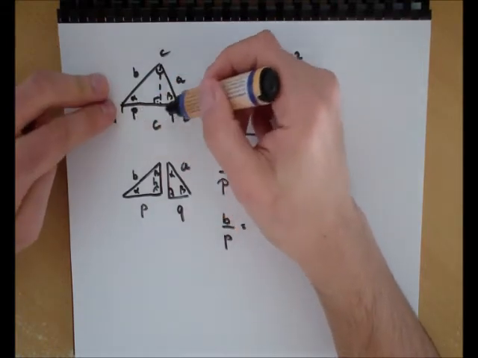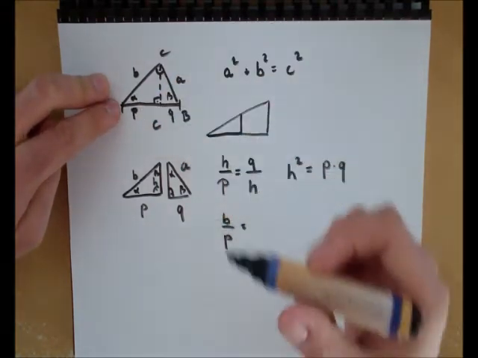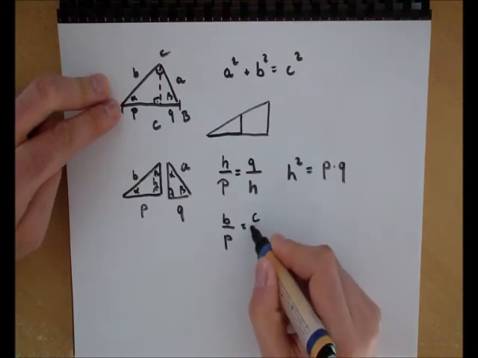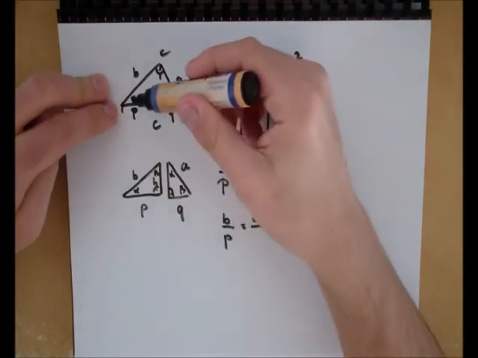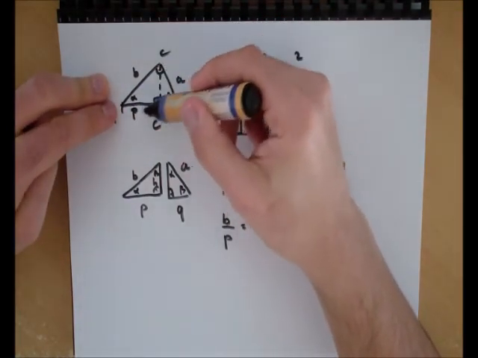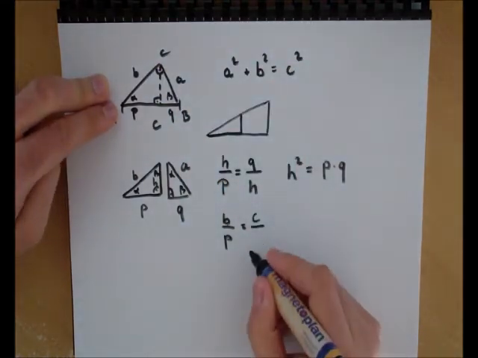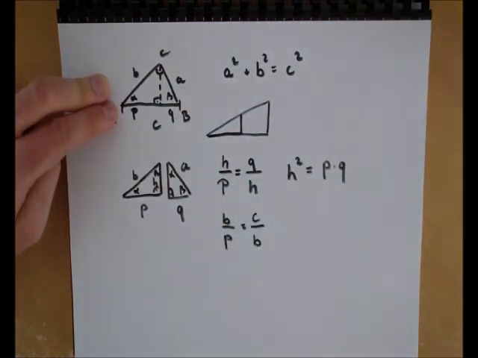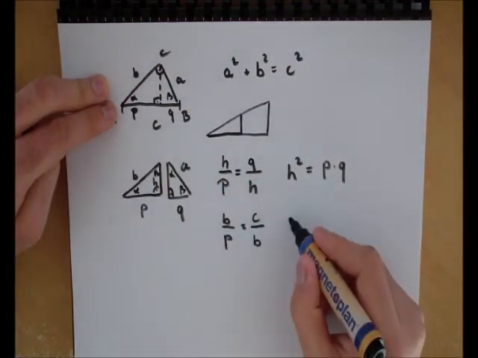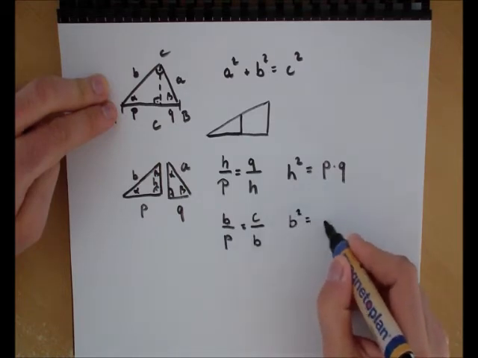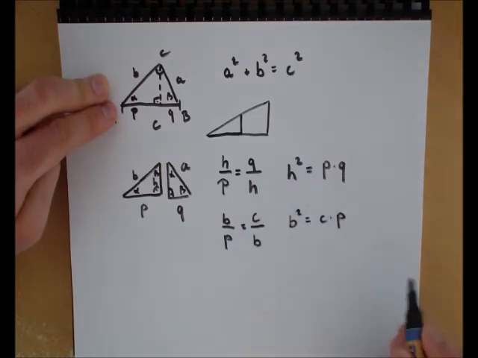The hypotenuse in this big triangle is C, and the leg belonging to that hypotenuse is B. So if we multiply with B and P, we get B squared is equal to C times P.